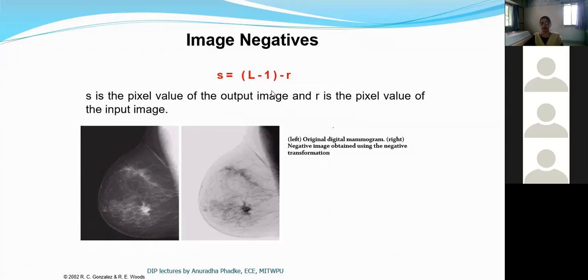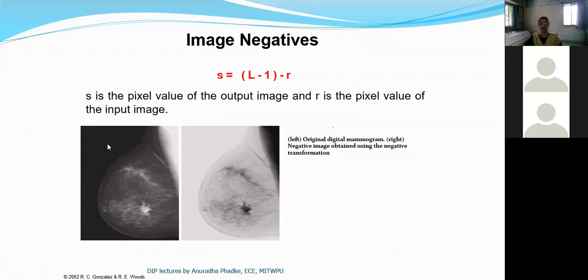So now this is an example of an 8-bit gray image, which is a mammogram of the breast, and mammograms are useful for detecting breast cancers or abnormal tissues in the breast. So there is an abnormality which is highlighted as a bright shade in the given image.